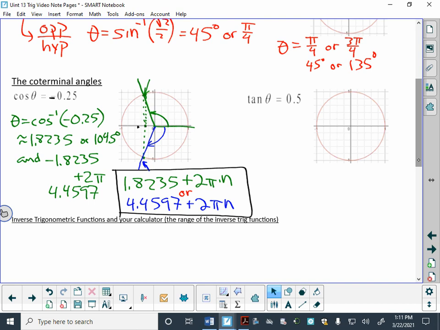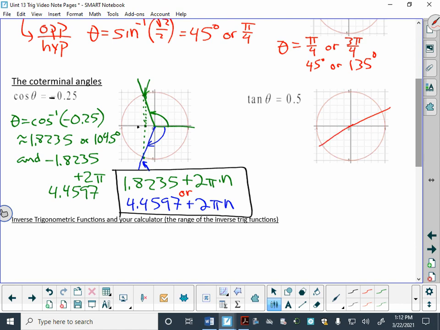Okay, so let's do one with tangent. Tangent, if you remember, is about slope. So on a slope of a line of about a half, so I know up one over one there, a half is maybe like that as a slope.